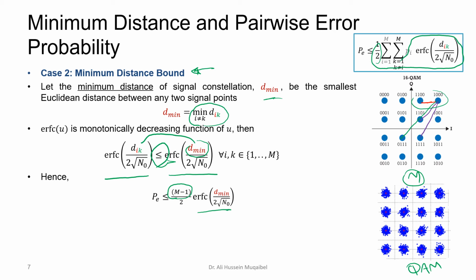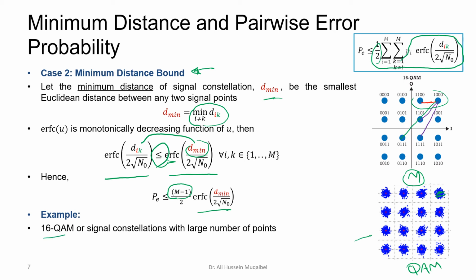Minus 1 because, of course, we exclude the symbol that was transmitted, because that will not cause an error. The example shown on the side here is 16 QAM. This is not ASK, this is not PSK, because the points differ in both amplitude and phase. This is 16 QAM, 16 because we have 4 by 4, 16 different points in the constellation diagram. This is an example where we can use d min to simplify things instead of computing the probability of error for all.